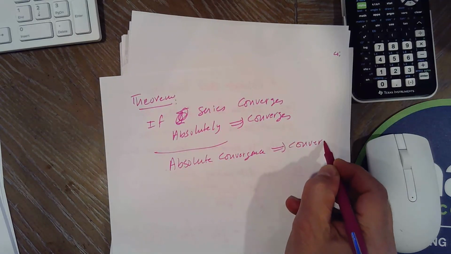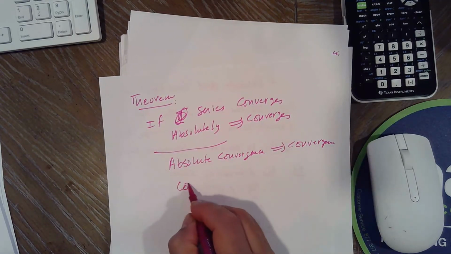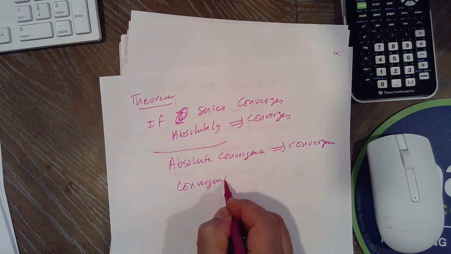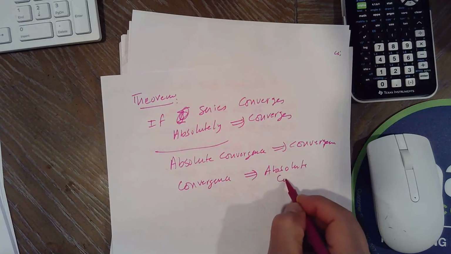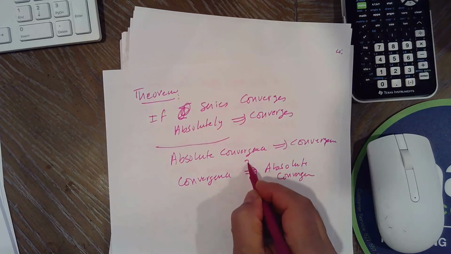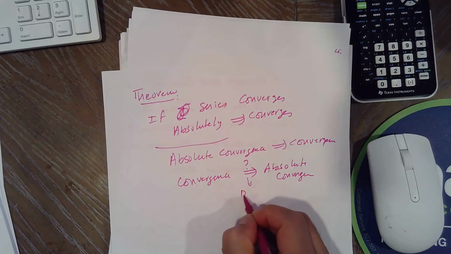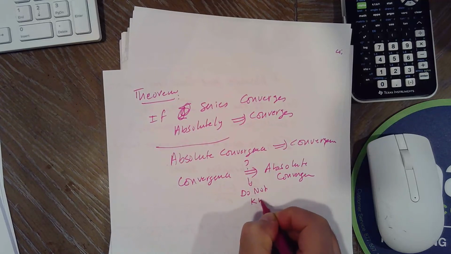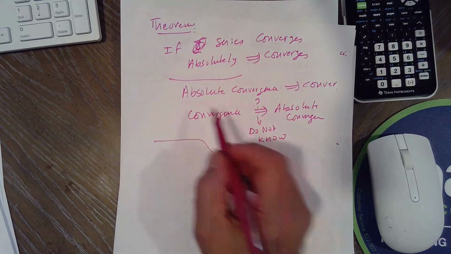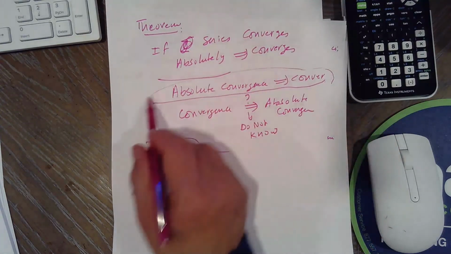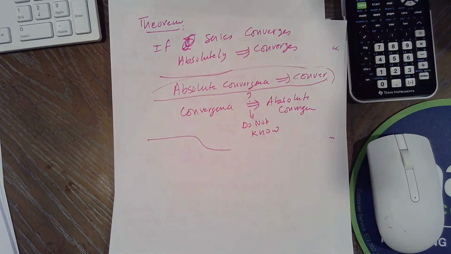We're not saying if it's convergent, then it's absolutely convergent. Does convergence give absolute convergence? We don't know. It may not. So far, that's what we know this way. If we can show that the sum of the absolute value of the terms is convergent, that means the sum of the terms is convergent.